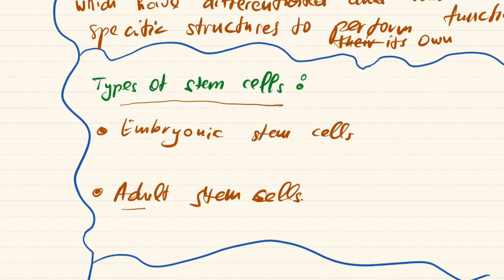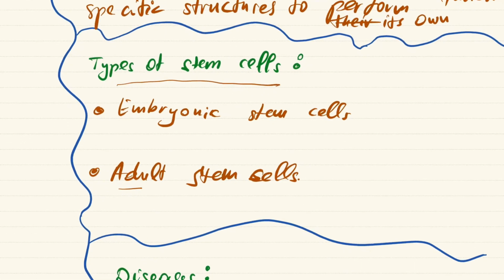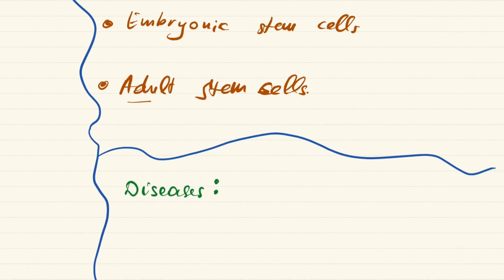The adult stem cells are mainly taken from bone marrow and other parts of the organism, and they only divide a limited number of times, and therefore can differentiate into only certain types of cells, like blood cells.